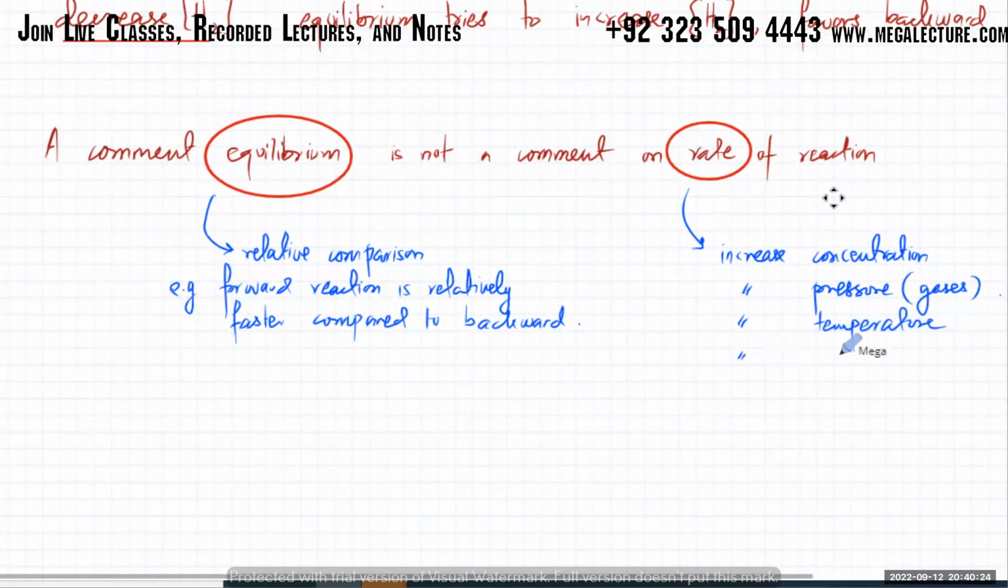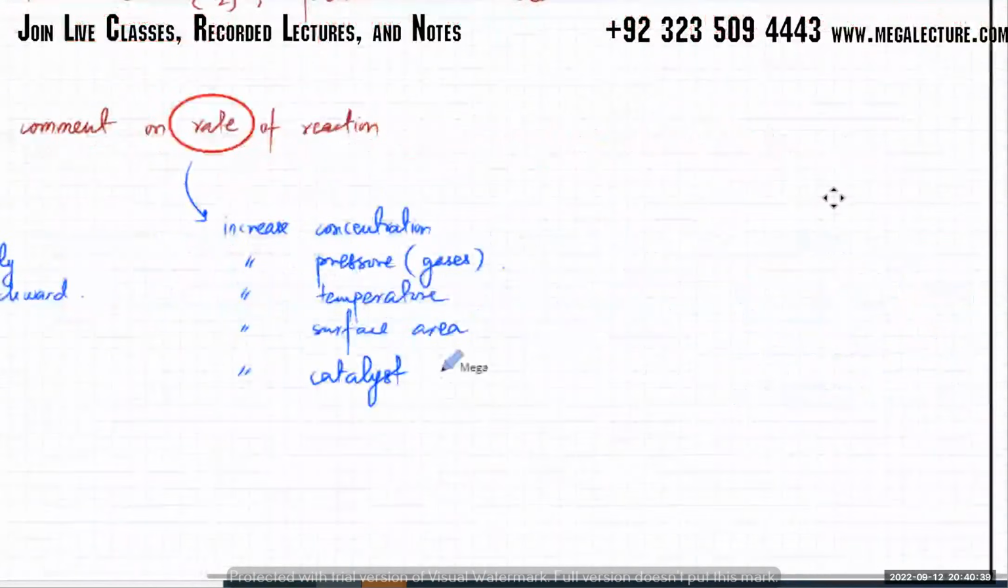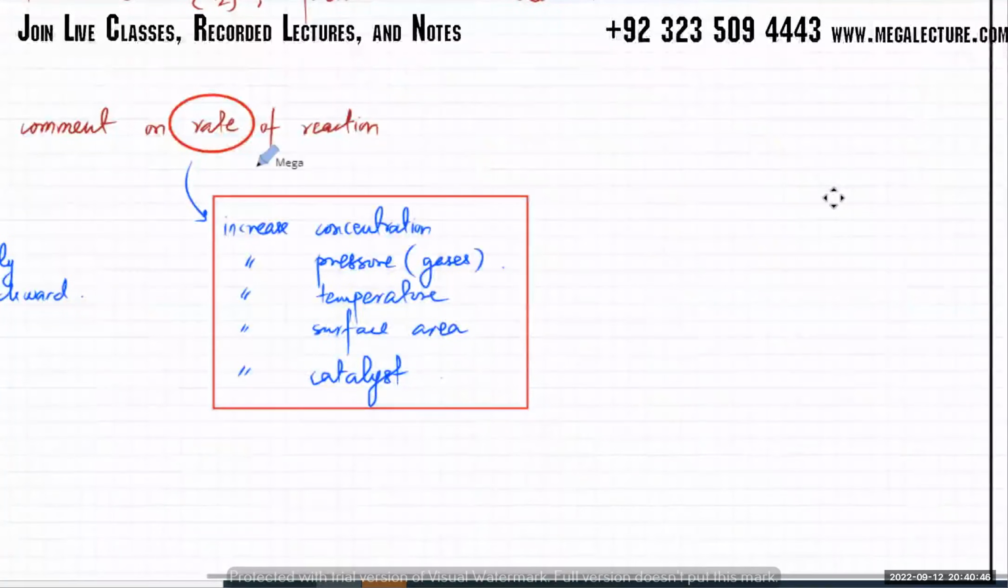So if you increase surface area, and lastly, if you add catalyst. This way, whether it's the forward reaction or the backward reaction, the rate is always going to increase.